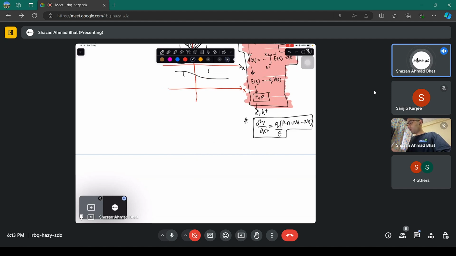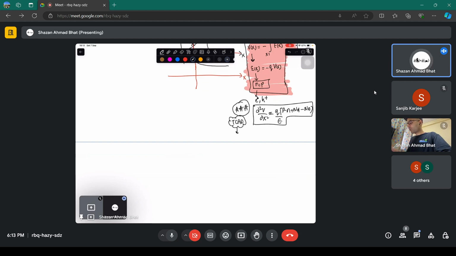And this is heavily solved in a tool called TCAD. TCAD is an industrial tool. It's used to compute the band diagrams of different electrical devices. Let's say you have a PN junction diode, BJTs, maybe MOS capacitors, MOSFETs, Schottky diodes.